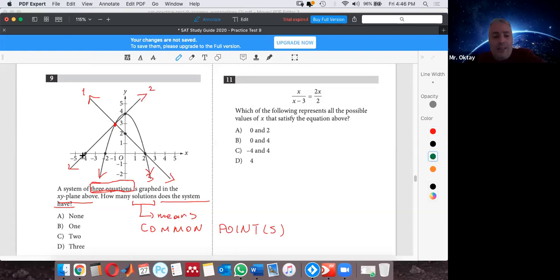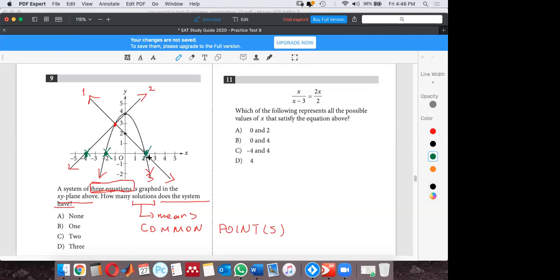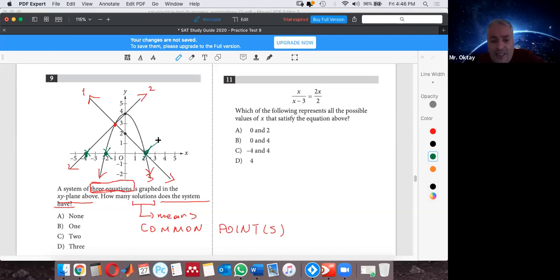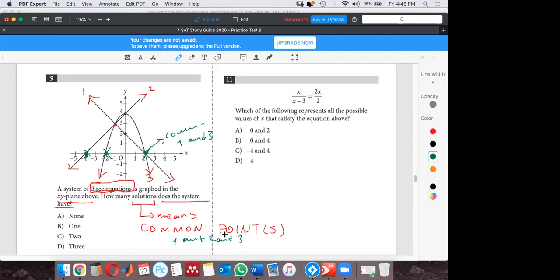But what about this? No, this is just on the line, so this is not a solution. This is just on the parabola, not a solution. This is common for first and third, but we are looking for first and second and third at the same time.